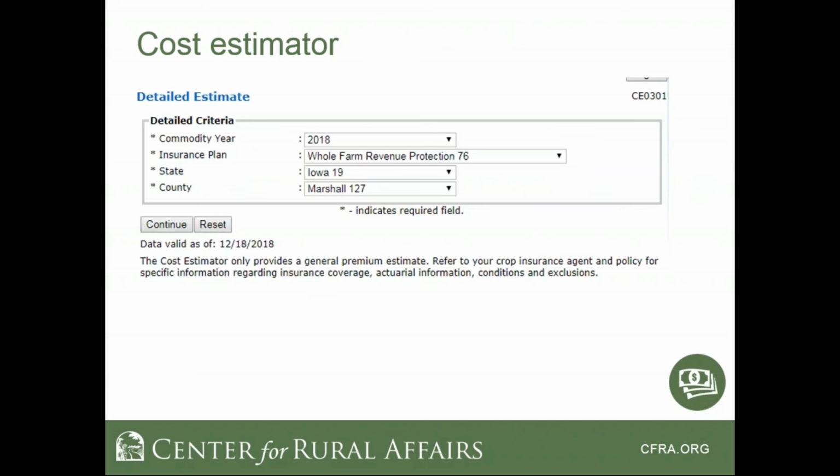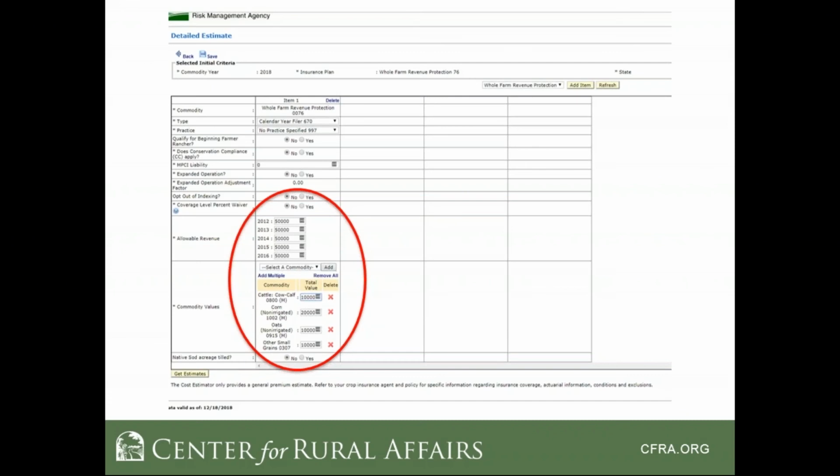Here's a screenshot from the cost estimator. I was estimating, if in 2018 I wanted to buy a whole farm policy in Marshall County in Iowa, they asked me some additional information about my example operation. It's a little hard to see, but I'll highlight the important bits. I said that I'm a calendar year filer, which I mentioned a minute ago.